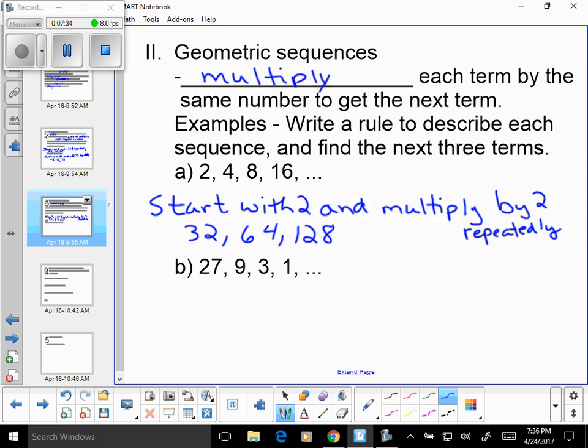Well, B is one of those where if you look at it, the first thing that usually pops up in people's heads is, Miss Scouten, come on. You divide by 3. But remember, the definition says we have to multiply. We cannot divide. What we do is multiply by the reciprocal. This one's going to blow your mind a little bit.